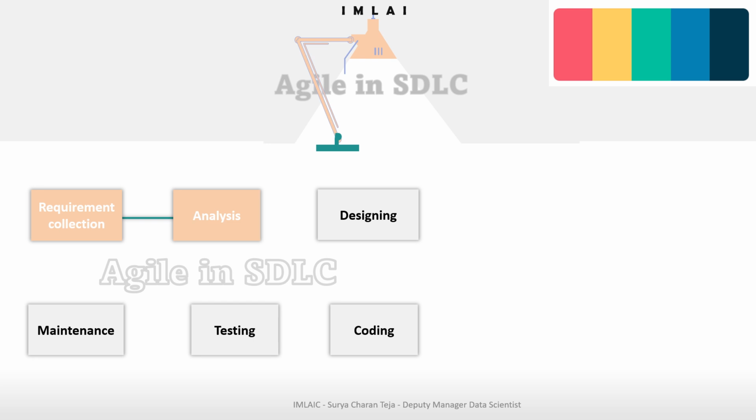We have discussed all these phases of the software development life cycle in our previous sessions or previous videos. Kindly go back to those videos and have a look and then come back here if you're not clear about what I'm talking about. So from analysis it will move into the designing phase, and then from designing it will jump into coding, that's the development phase. After the code is developed, we will move on to testing, quality assurance, staging.